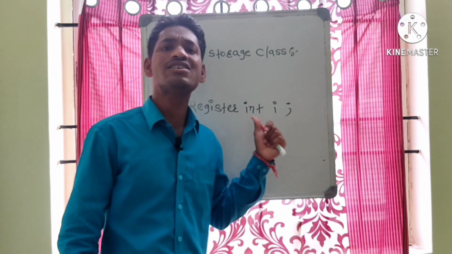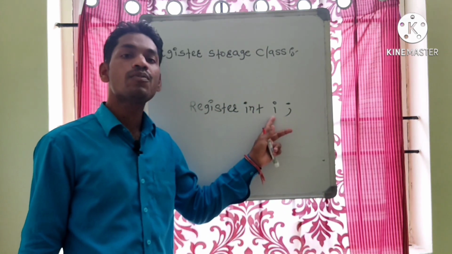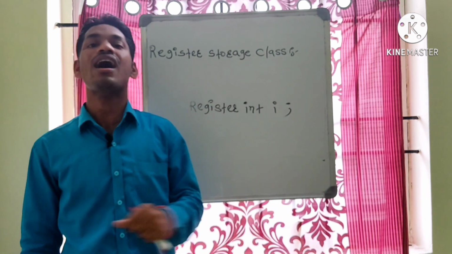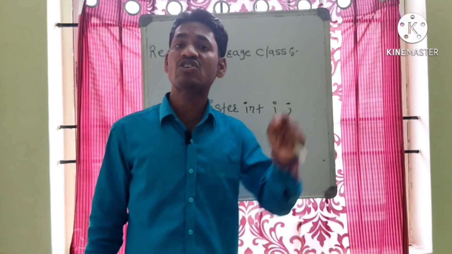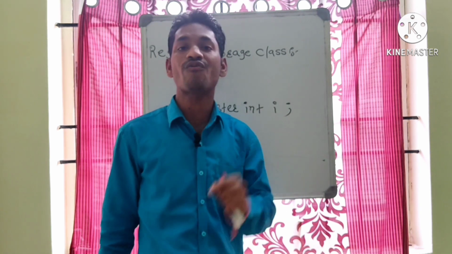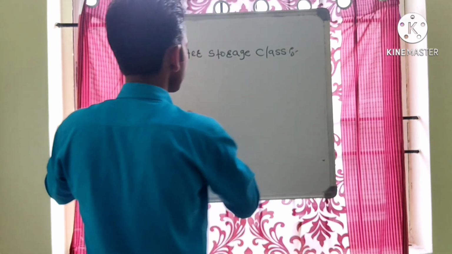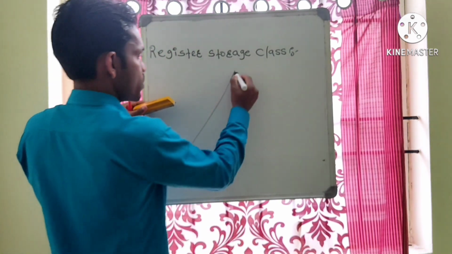Why is the compiler not giving a surety that the memory will be allocated inside the CPU register? Because the size of the CPU register is very small. I will show the memory hierarchy. This is the memory hierarchy.